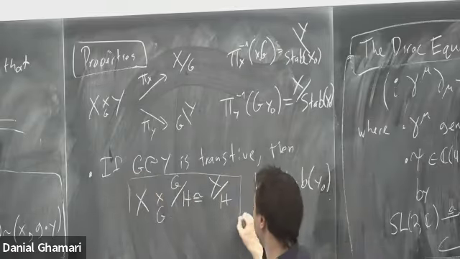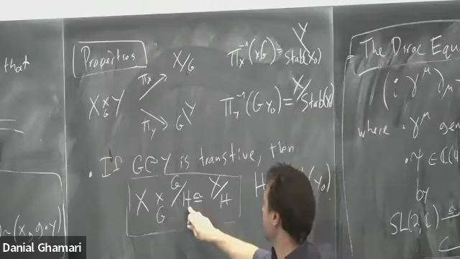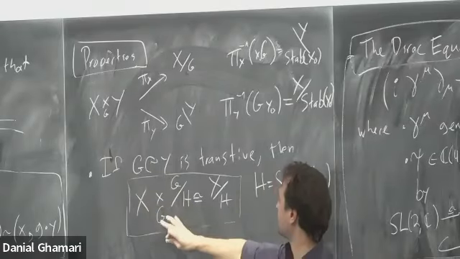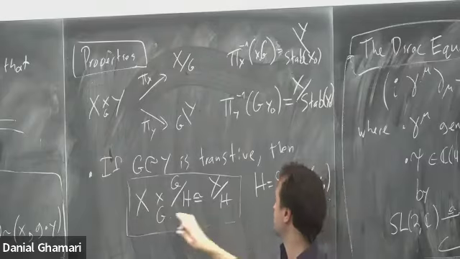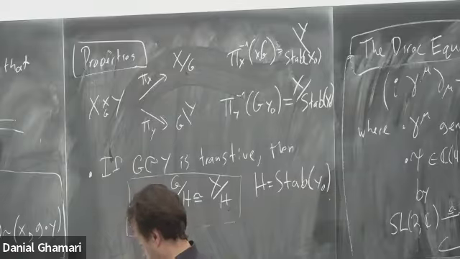So this is something that's true for homogeneous spaces. If you take G modulo some subgroup and you take this action product, what you're actually getting is X mod whatever that subgroup was. This is going to be relevant later.